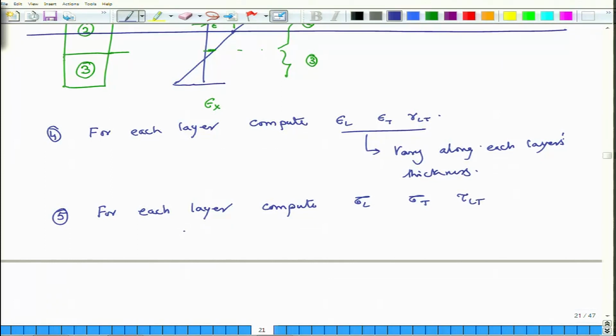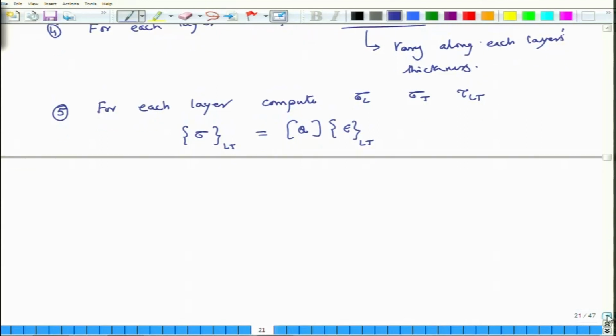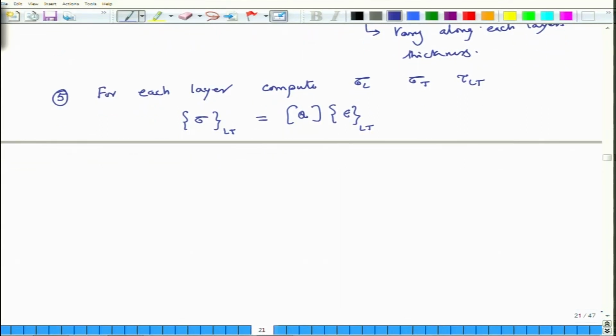Using what? Using this relation: sigma in the LT frame equals the Q matrix for that particular layer times the strain vector. So, this has to be done at each layer.